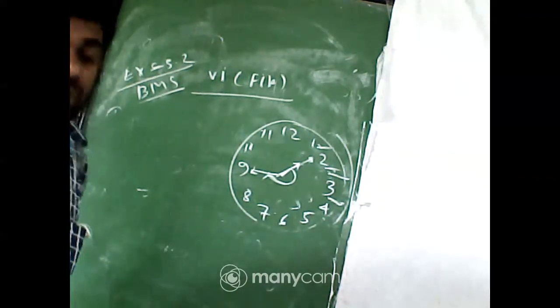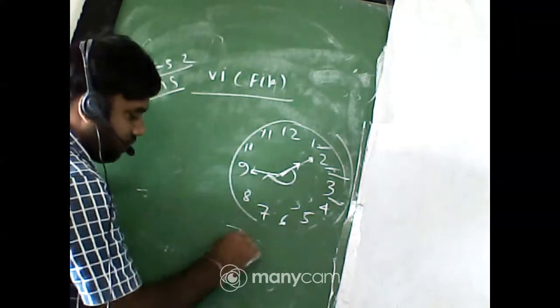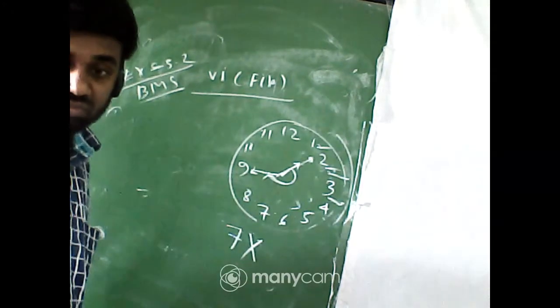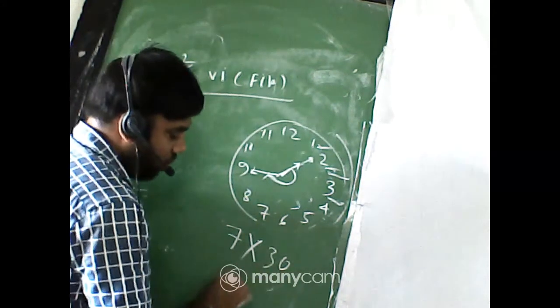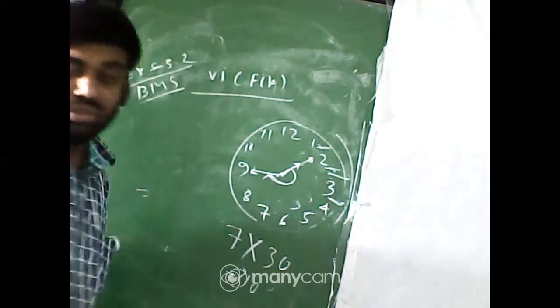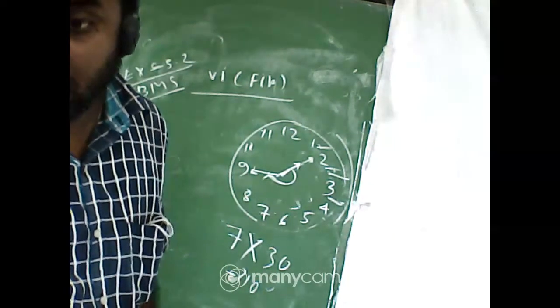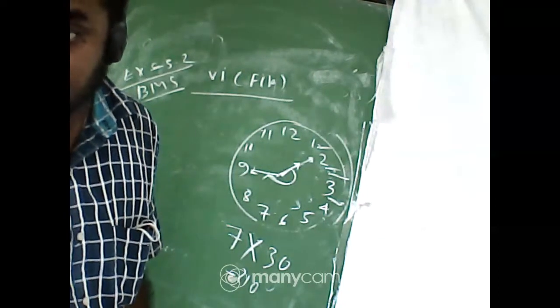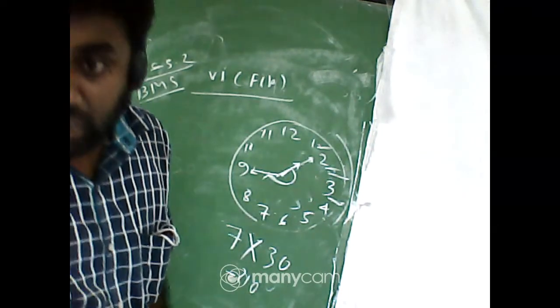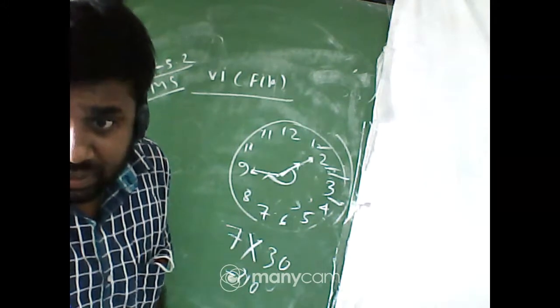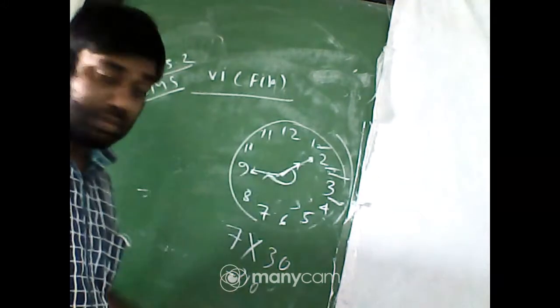Isika Khatun answered 150 degree. My God. 7 gaps, that is 7 into 30, 210. 210 is the answer. Isika, where did you get 150? 5 gaps are there between 2 to 9.